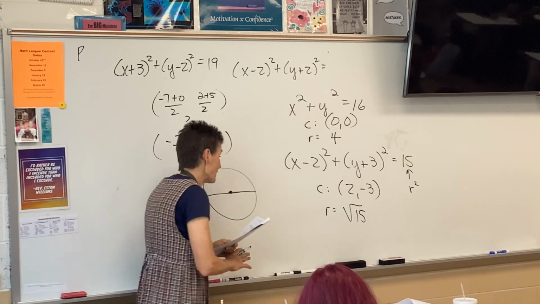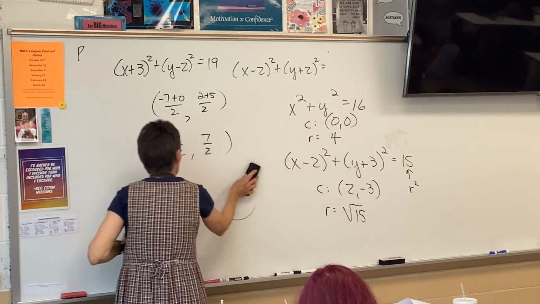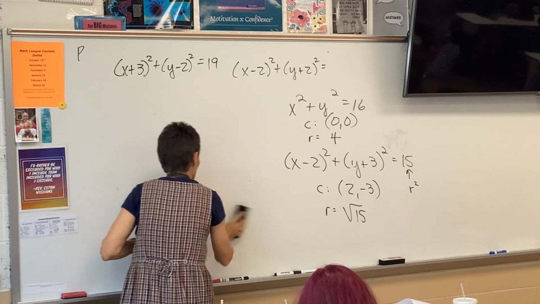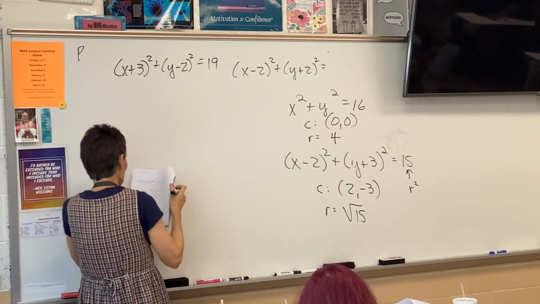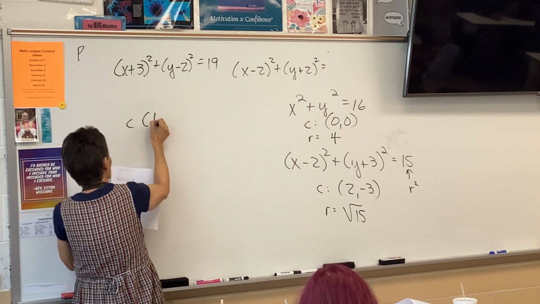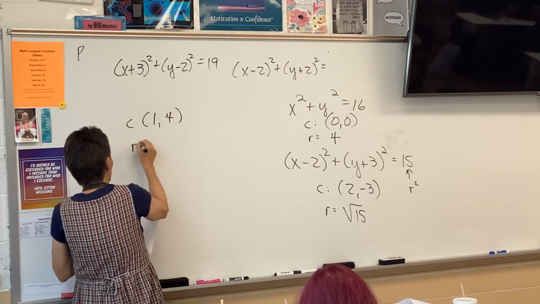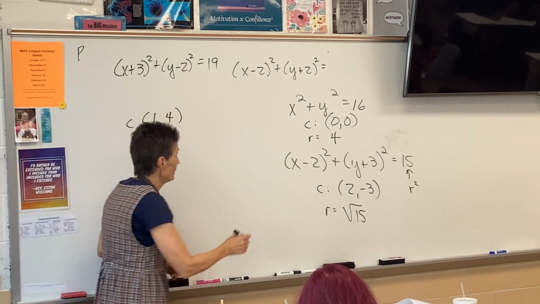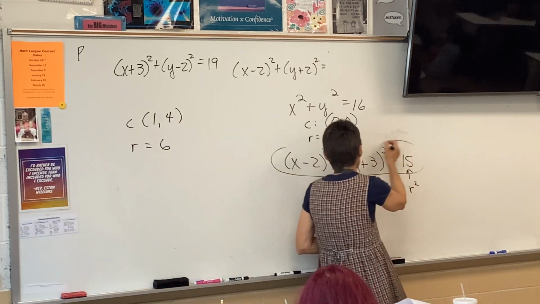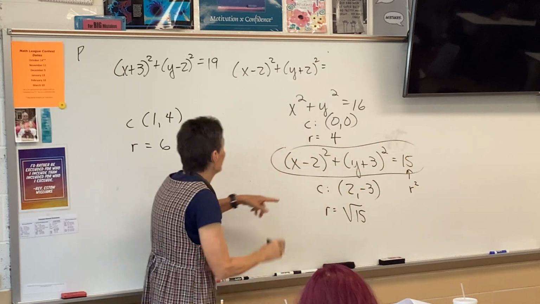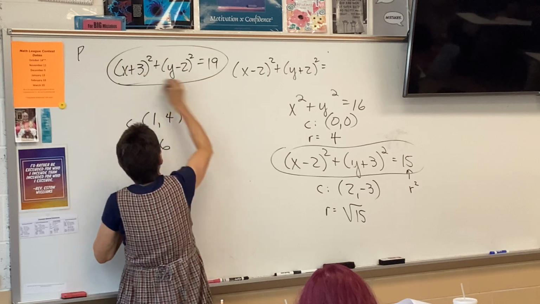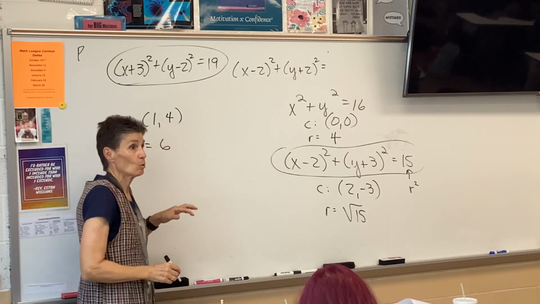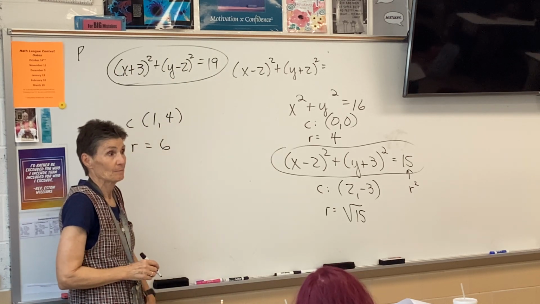Now, I'm going to ask you to do that backwards. I'm going to tell you that the center is 1, 4, and the radius is 6. Can you build an equation that looks like this? That's the equation of a circle. This is the equation of a circle. Can you build an equation that looks like that?